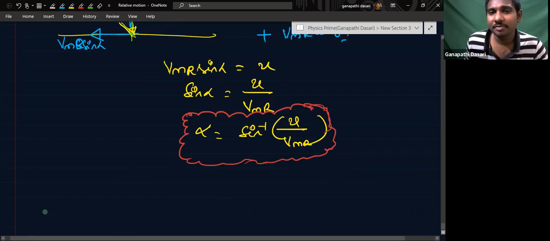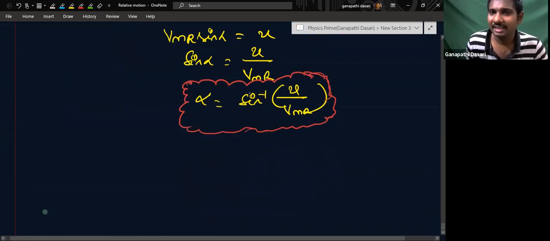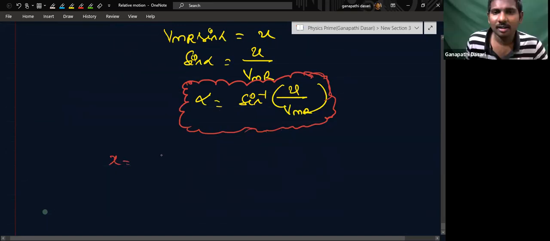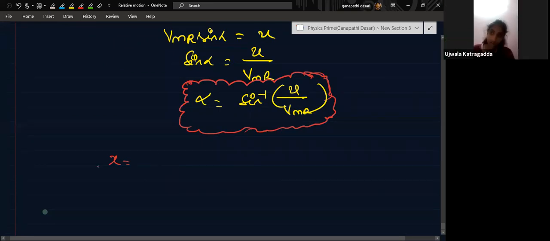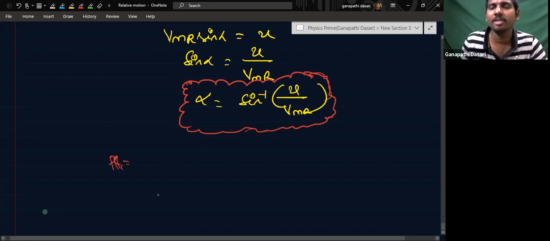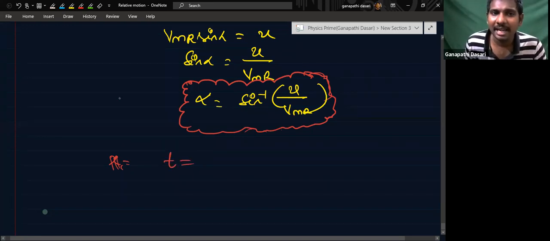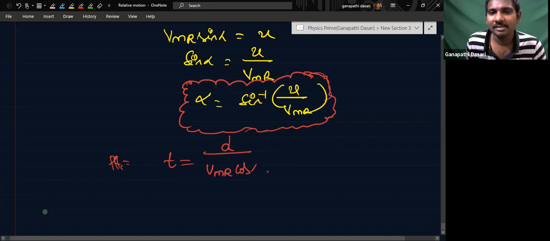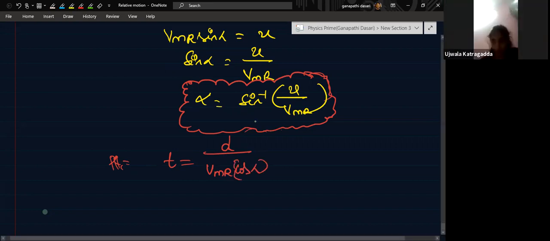Here what will be the drift? Here there will be drift, right? That drift will be how much? X is equal to V_x into t. There will not be drift because he is going directly to the opposite end. Here what is the time taken? The time taken in the shortest path is d by V_MR cos alpha, because here alpha is some value.